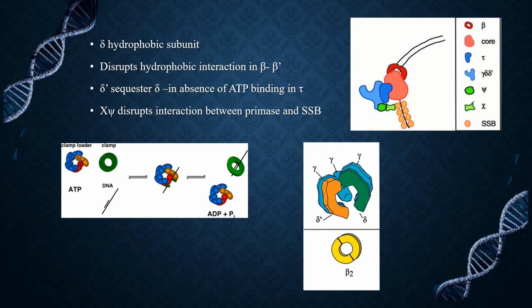This induces a conformational change bringing the arginine finger into the correct orientation to catalyze ATP hydrolysis. A conformational change sequesters delta by delta dash, the beta clamp closes around the PT junction, and the clamp loader is released from the PT junction.